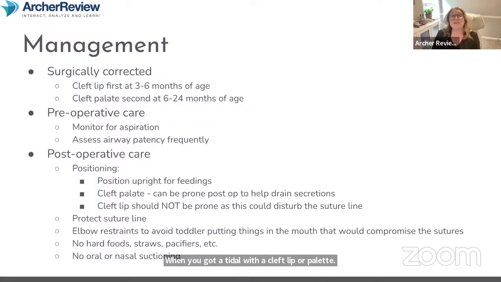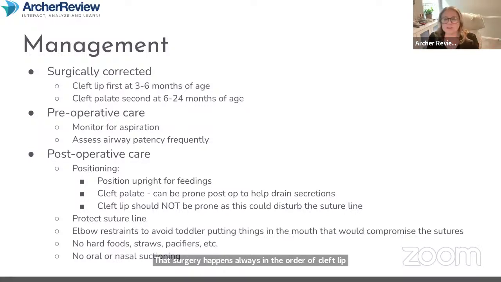Obviously, our management here needs to be surgical. There's no magic medication we can give them that just closes that up. So our care is really divided into what we can do before surgery and after. That surgery happens always in the order of cleft lip first and then cleft palate.